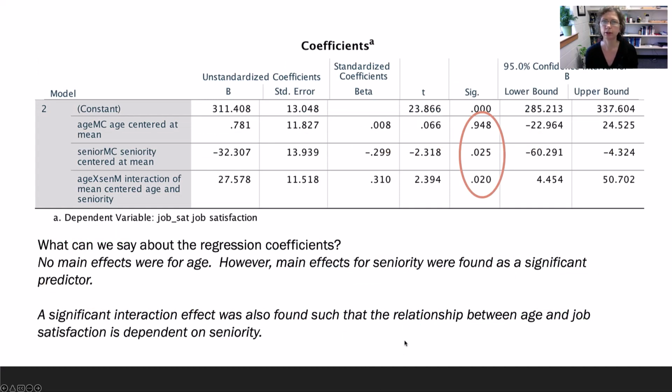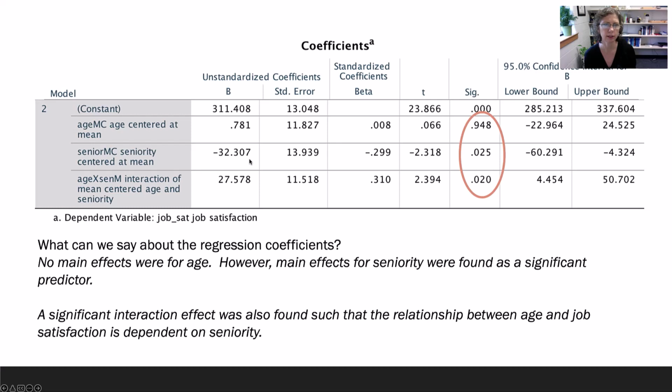And then looking at the coefficients, right? What can we say about those regression coefficients? Well, here for age, it was not significant. So that means the relationship between age and job satisfaction is not significant. For seniority, this one is significant.